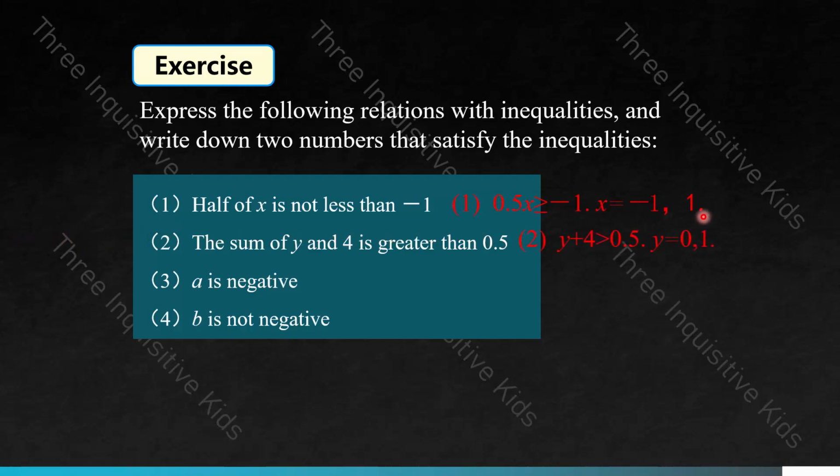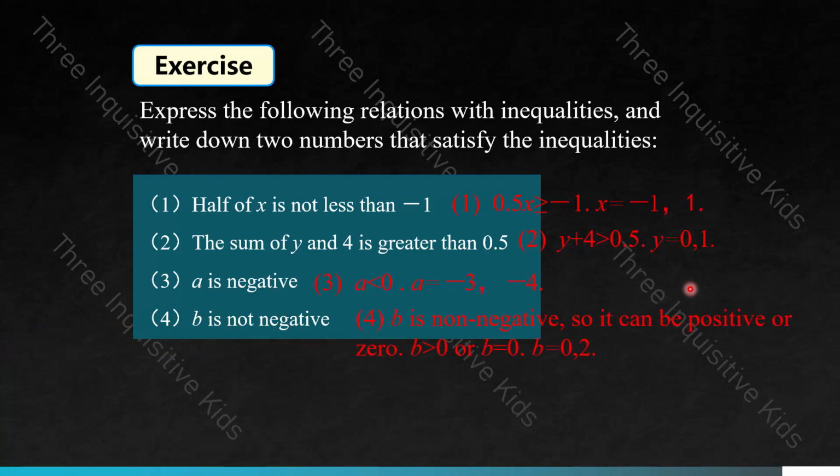The sum of y and 4 is greater than 0.5. So this would be the answer, and y can be equal to 0 or 1. A is negative. If A is negative, A is less than 0. A can be -3, -4. B is not negative.